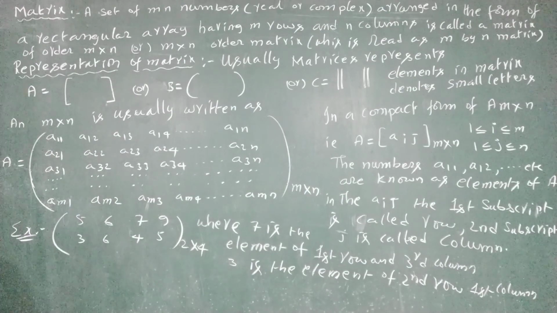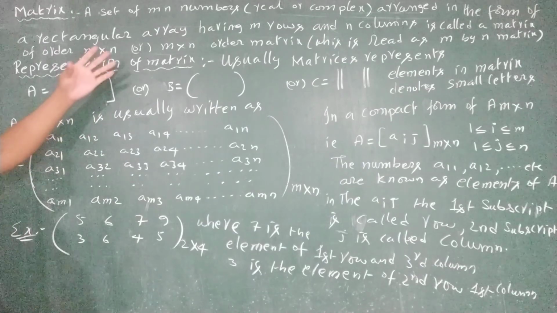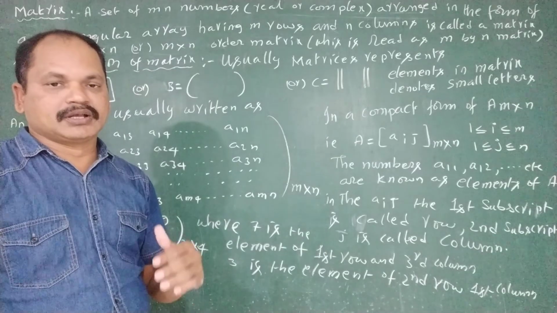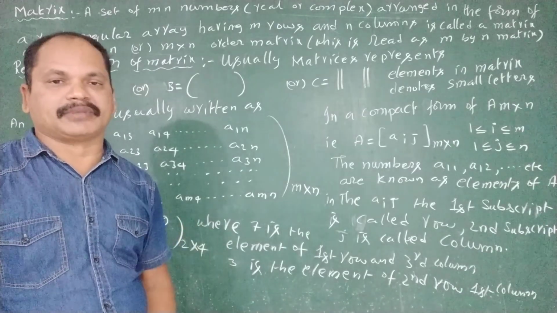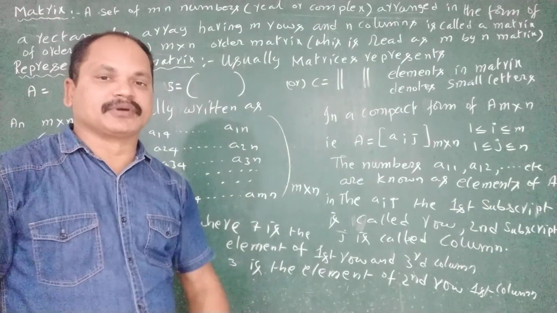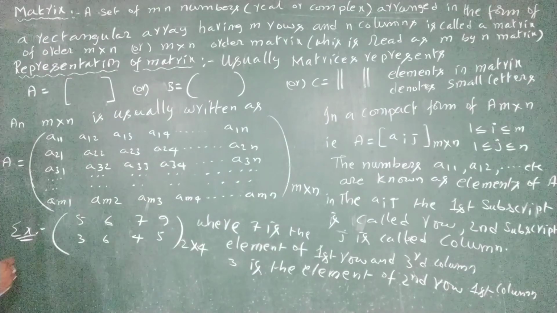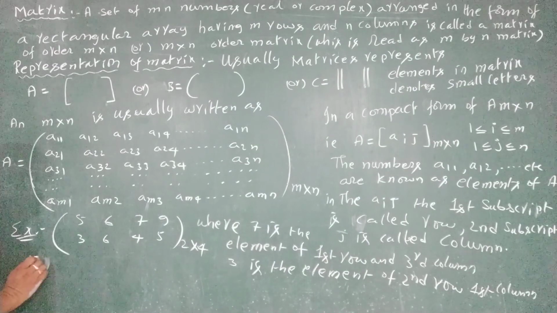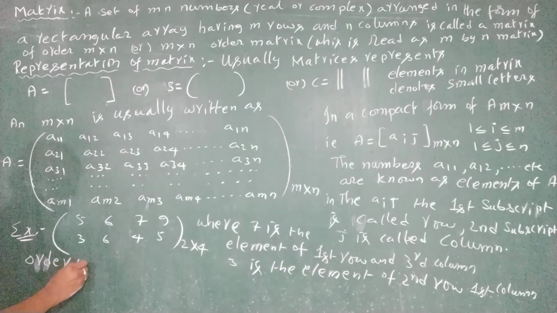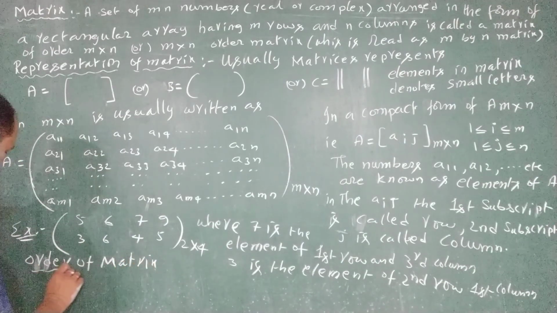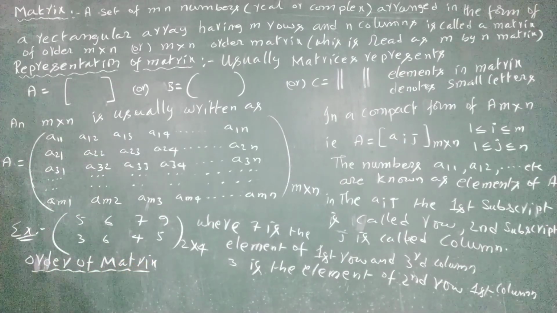That's why we are going to the order of the matrix. It is very clear. Order of the matrix is nothing but rows by columns. What is the order of a matrix?